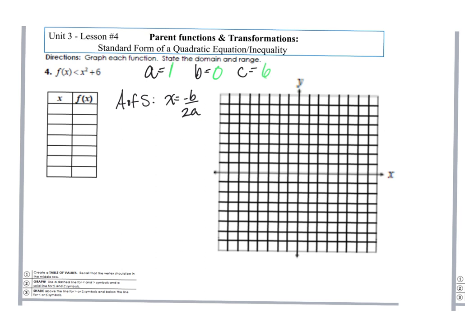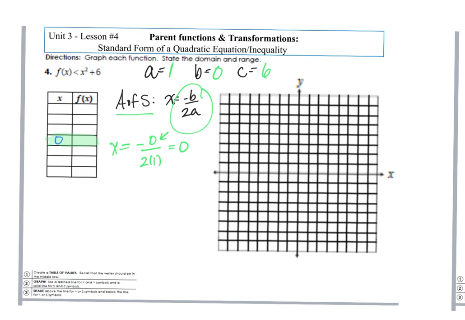We want the middle of our table. We want that vertex. We start by finding the x value of our vertex by doing the axis of symmetry formula, negative b over 2a. So I have x is equal to negative 0 over 2 times 1. I've got 0 in the numerator, so the x value of the vertex is 0.